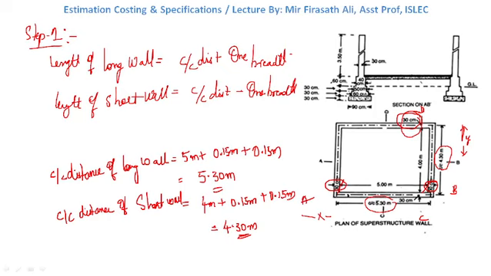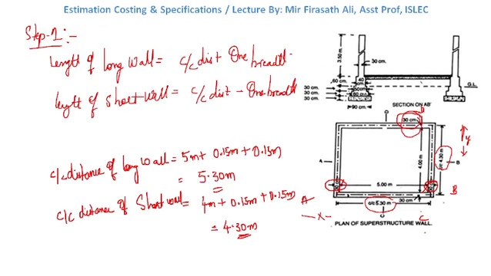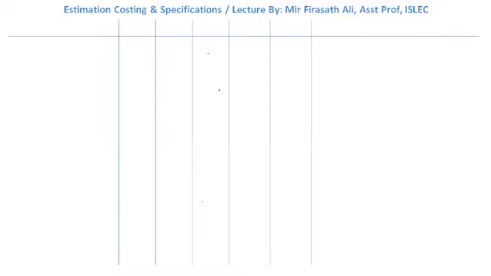To fill the quantities, we need to find the earthwork in excavation in foundation, concrete in foundation, brickwork in foundation and plinth, and brickwork in superstructure. First of all, we will start with the table. Here we will write the particulars. Here we will write numbers: numbers of long wall, numbers of short wall.